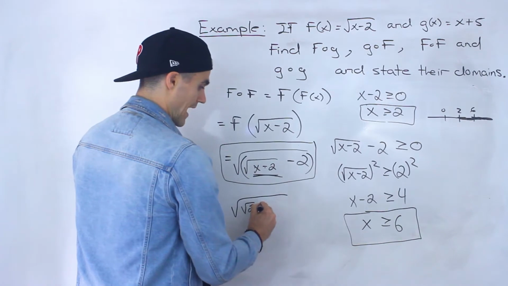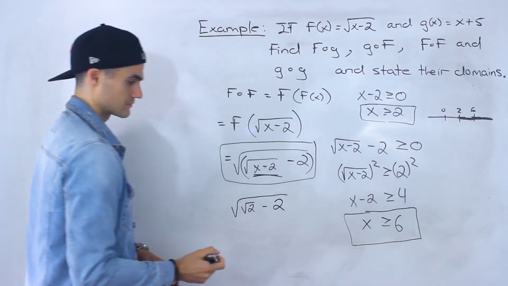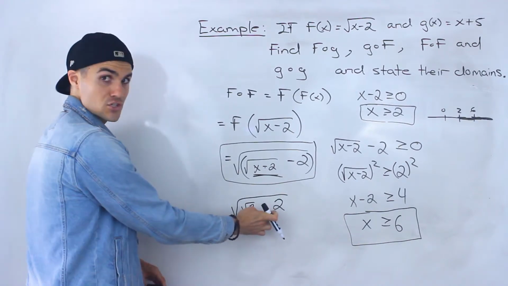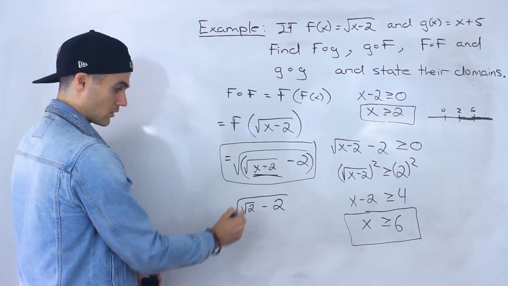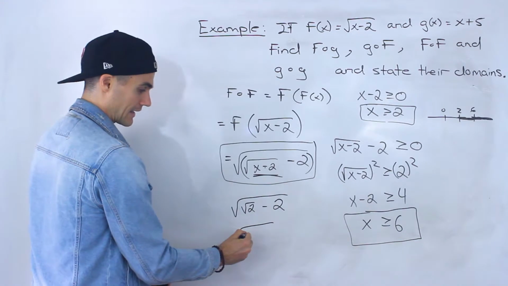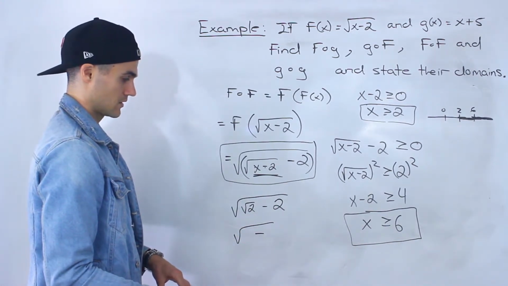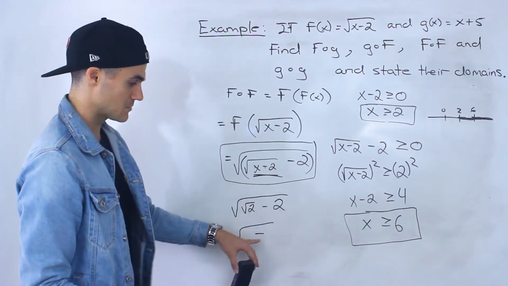But the fact that we have a minus 2 here, the square root of 2, we know is less than 2. So here we know that we're going to end up getting a negative number in that expression. Right? Square root of 2 minus 2 is going to be a negative number.